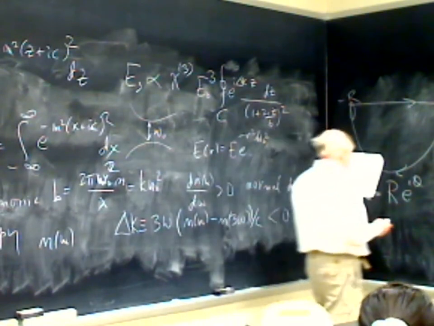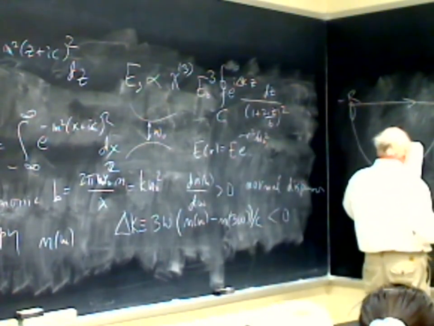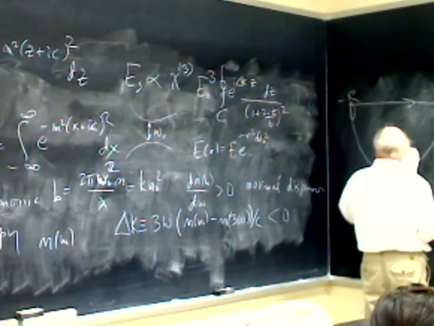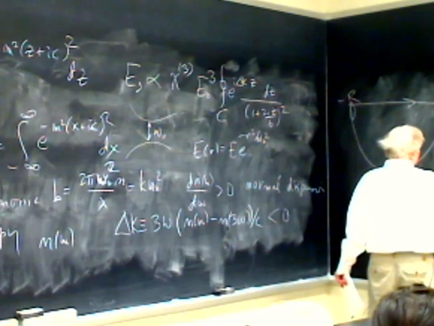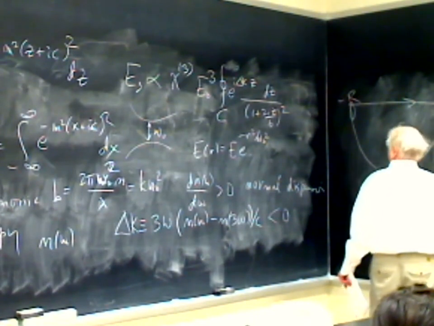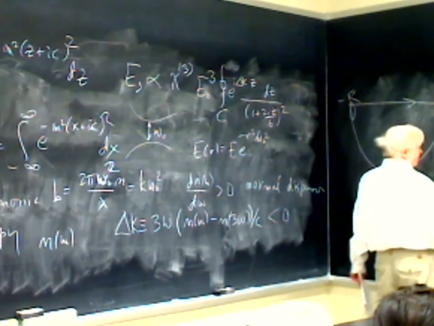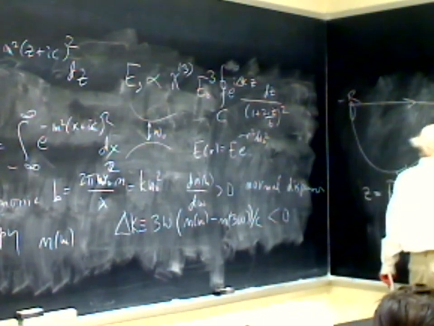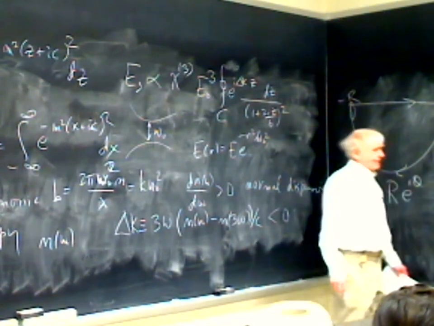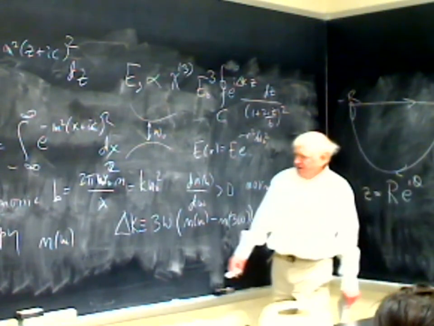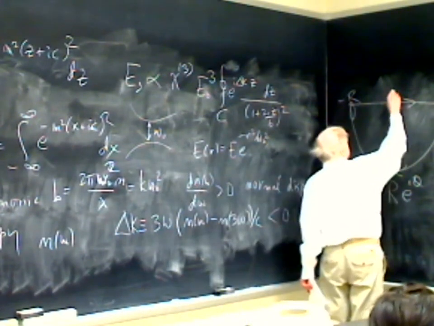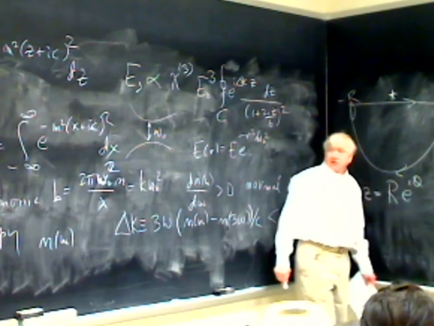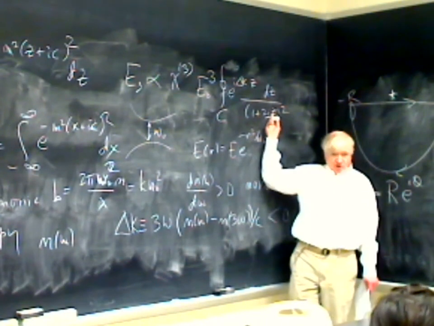The singularity is at z equal to minus b over 2i, which is to say ib over 2, and b is something that's positive. So there's a singularity over here, and in fact it's a double pole at that point.